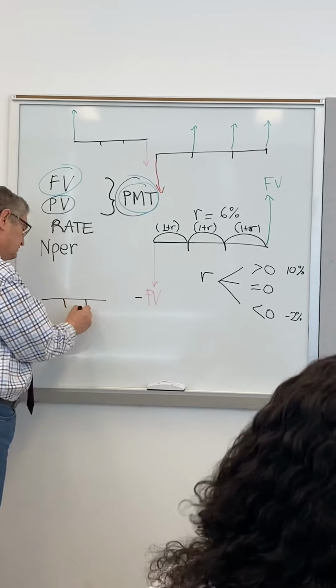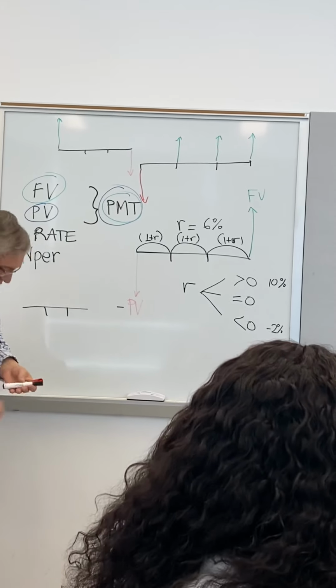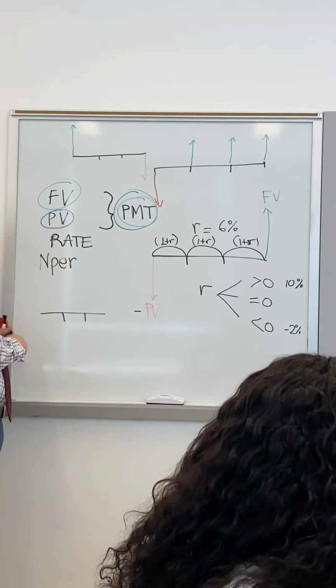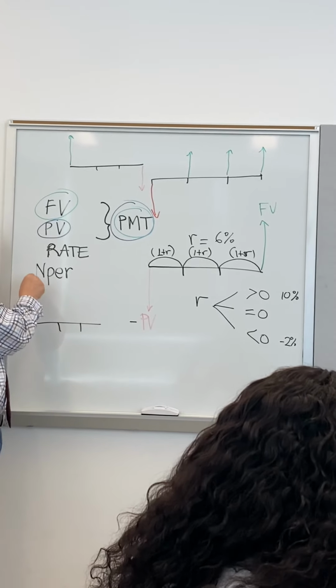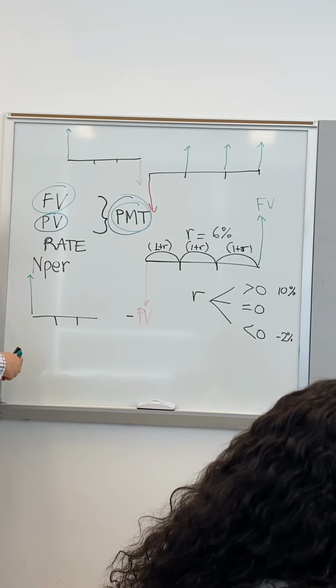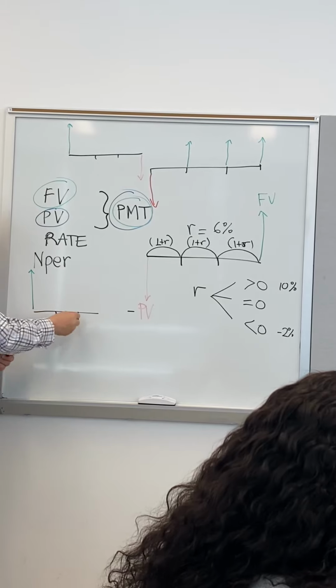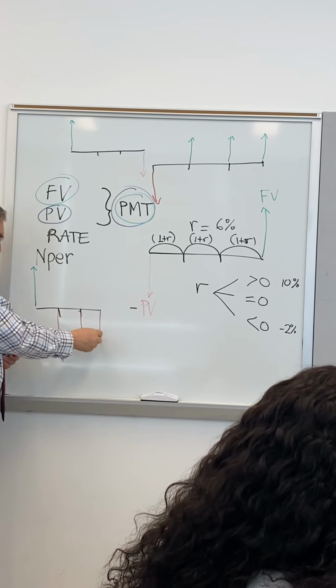You have 3 years. You make a withdrawal right now. You have to pay it in the future. Do you pay it like this?